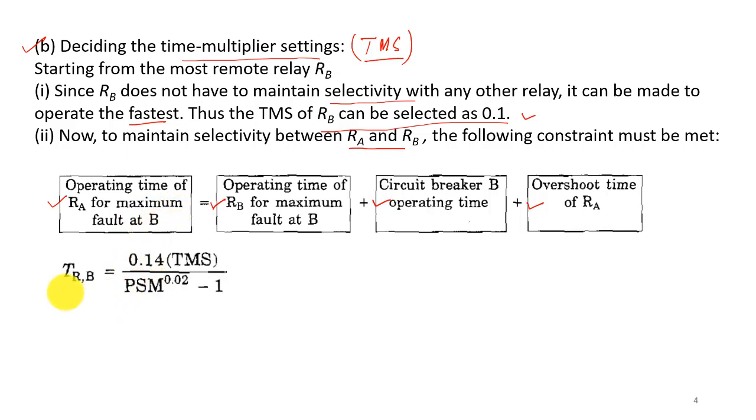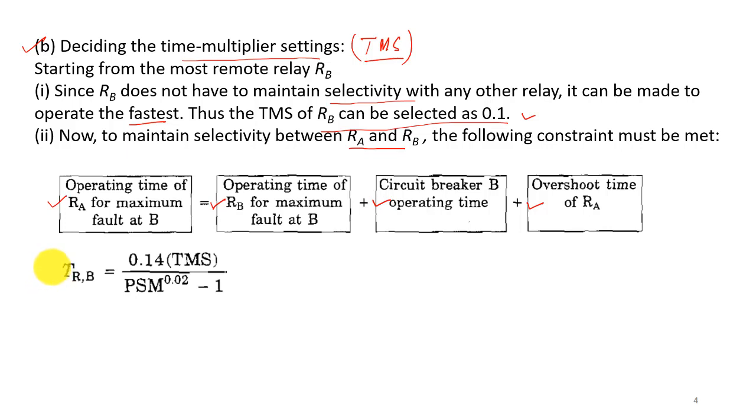Okay, so let us put the standard inverse definite minimum time equation. Already you know the standard characteristics, and I have already shown the standard equations. This is the standard curve for the inverse definite minimum time relay.